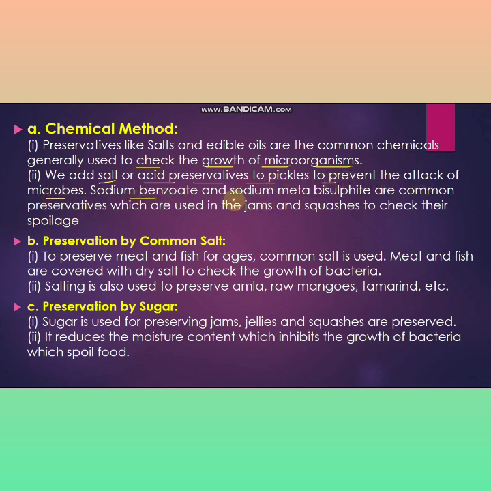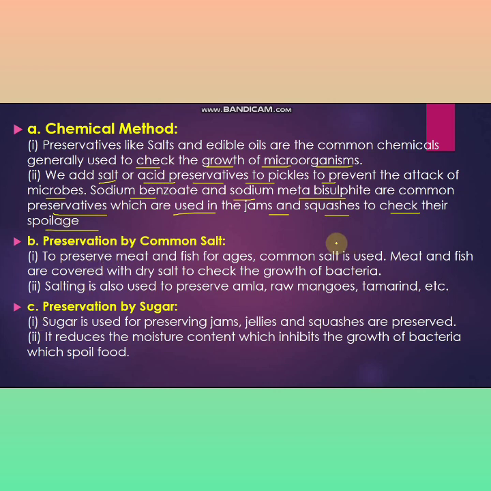Sodium benzoate and sodium metabisulphite are common preservatives which are used in jam and squash to check their spoilage. You may have seen preservative names on the packet of jam and jelly, which are used to check the growth of microorganisms.